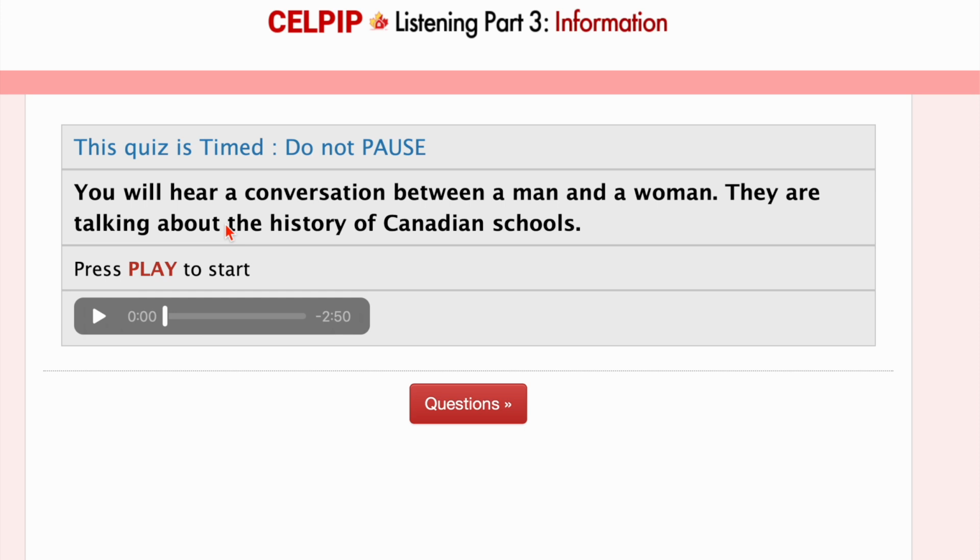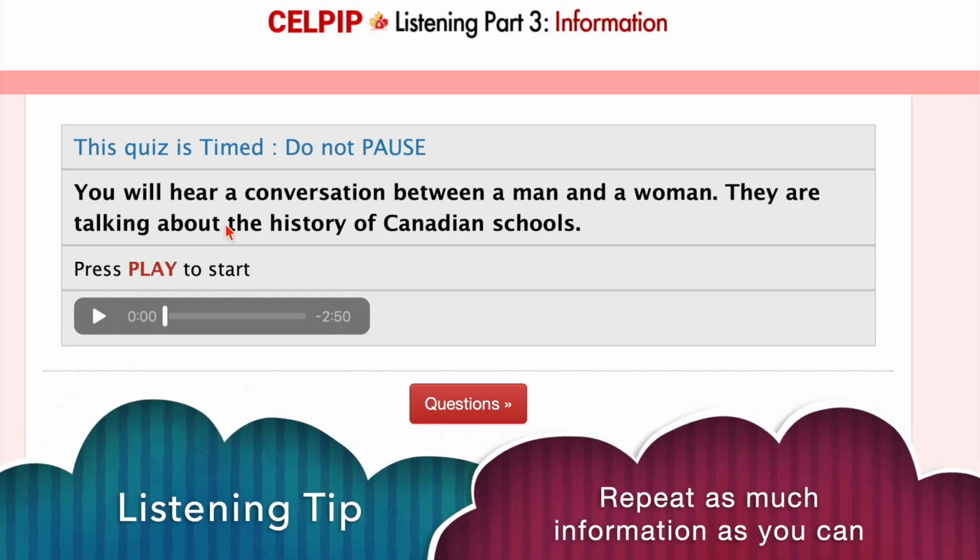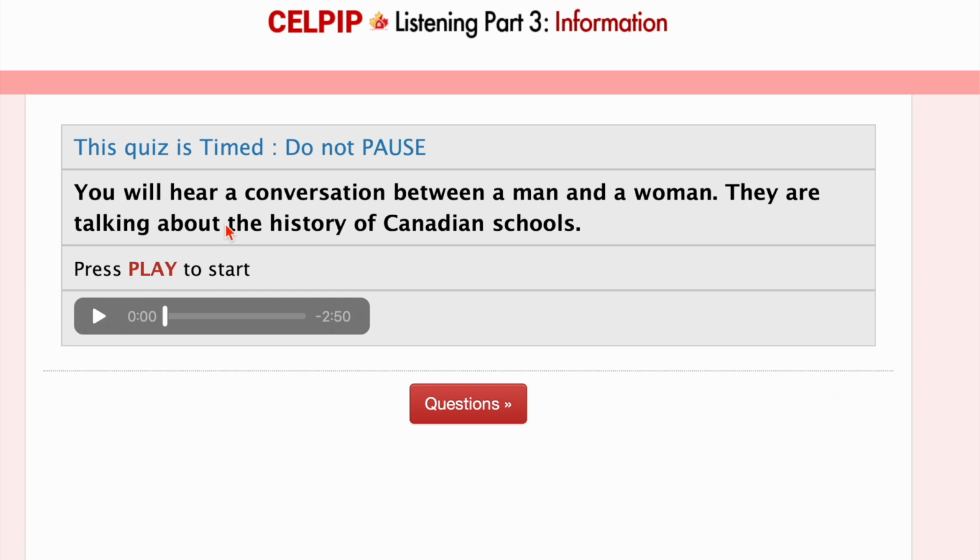Listen to full sentences. And secondly, let's try to repeat as much information as we can. Lower levels, we have a problem with repeating information or keeping information. But we also have a problem with writing notes.